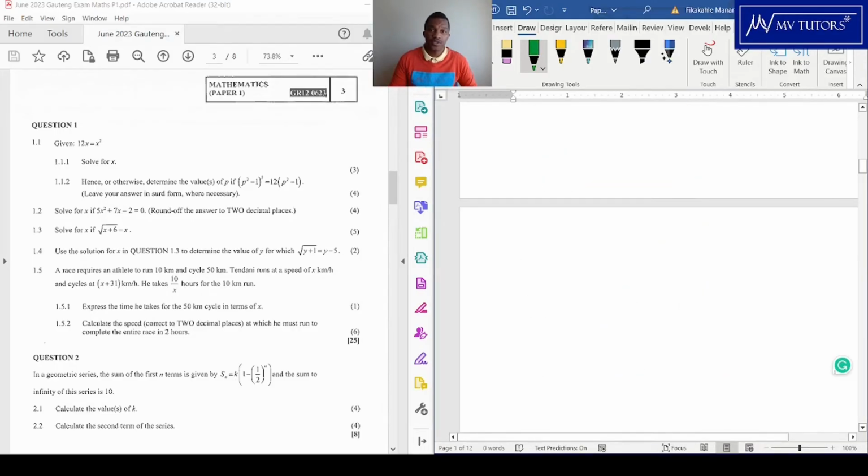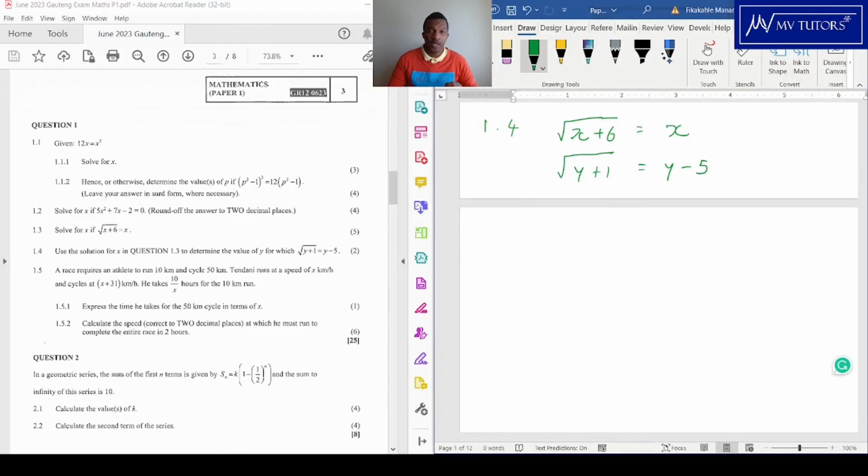Right, let's look at the next question now, which is 1.4. And it says use the solution for x in question 1.3 to determine the value of y for which that's the expression. Now, if it says use the solution, that means the solution is the same, which means x plus 6 is equals to x is pretty much the same as y plus 1 is equals to y minus 5.